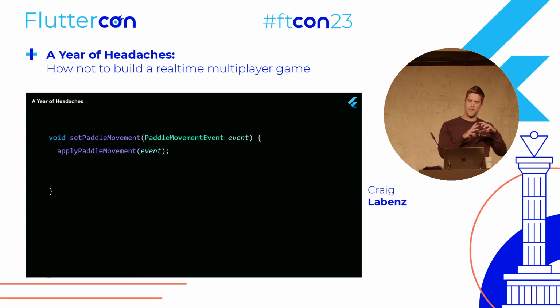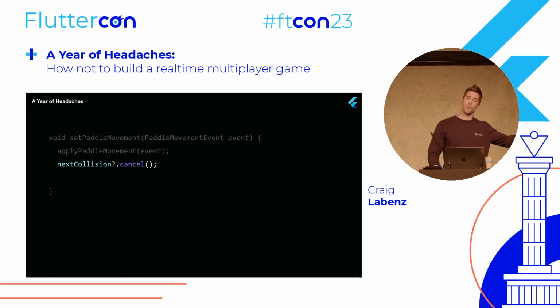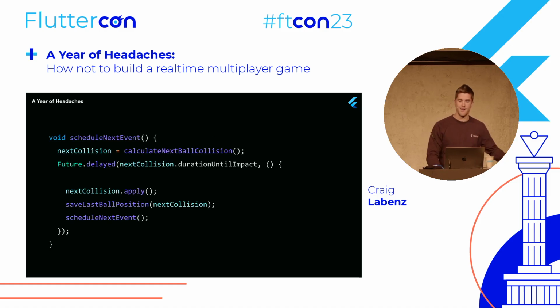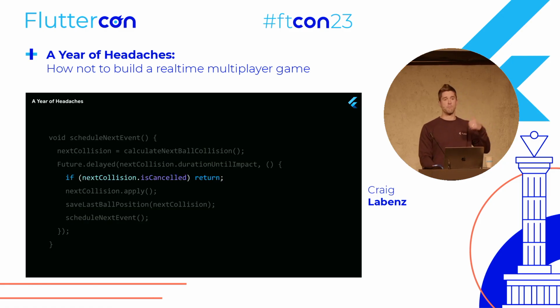So this means that that set paddle movement method that we saw earlier has a couple more jobs to fill. One of them is to cancel the previous next collision prediction. And then also it needs to kind of kickstart another server-side game loop that starts predicting next collisions. And then that schedule next event method, it also, of course, has one more job now, which is to just bail if its next collision variable has been canceled while it was asleep.